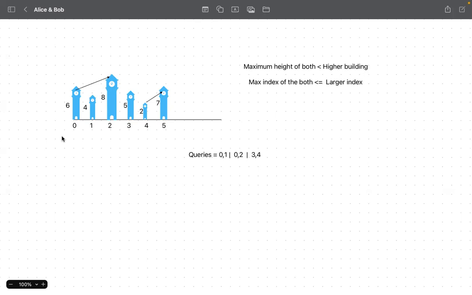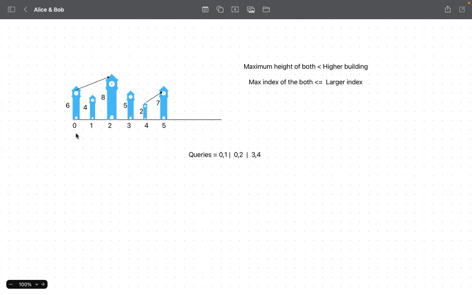Then what we will do is we will look at the queries, and for the queries we will look at the buildings which can serve as a meeting point. We will look for all the buildings before my current query, if those buildings can serve as a meeting point, right?